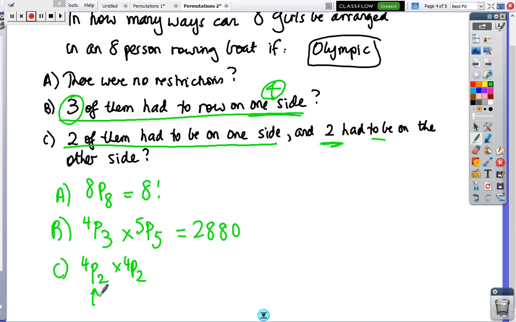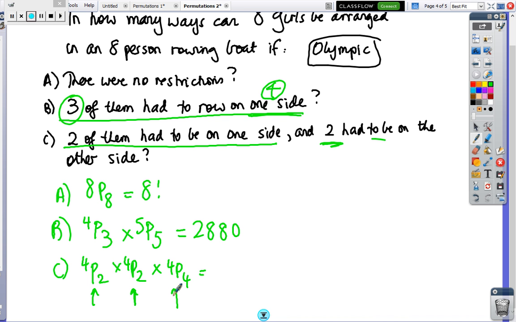This is one side of the boat, this is the second side of the boat, and we still have 4 other people who haven't been put in positions, and they don't care where they go, so they have 4P4 ways to be arranged. This last part is the last 4 people going into position, and they don't care where they go, but the first 2 are restricted conditions.